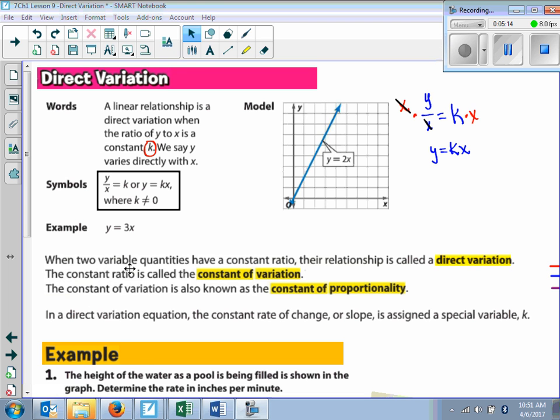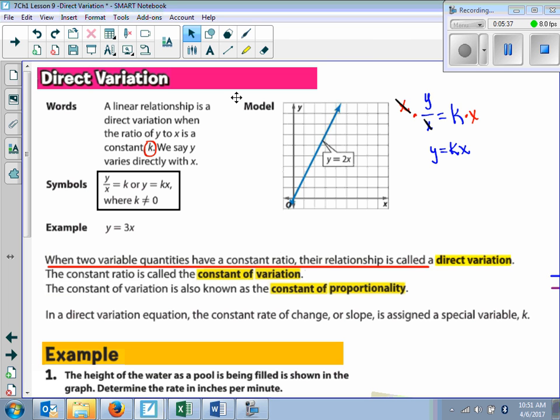All right, when two variable quantities have the same constant ratio, their relationship is called a direct variation. Make sure you write that down.